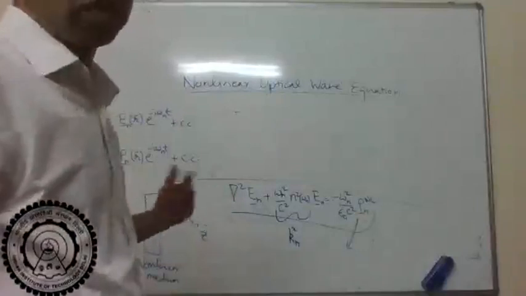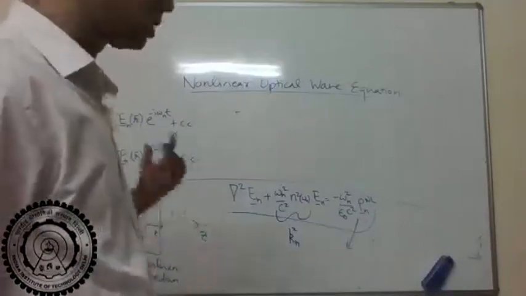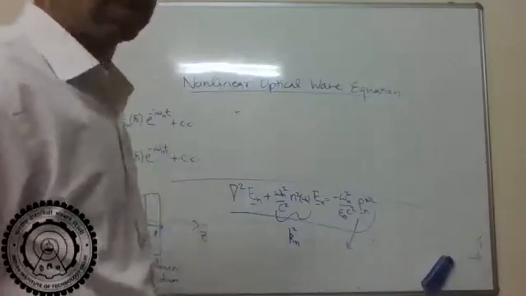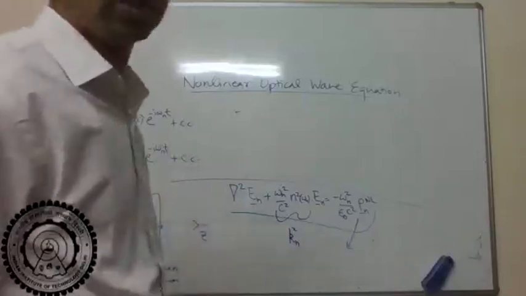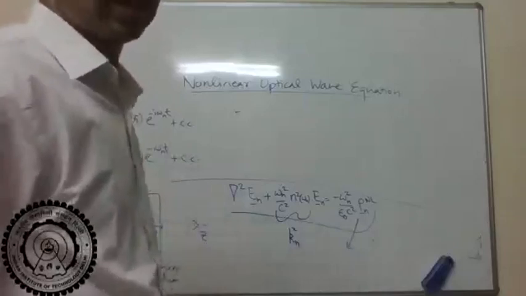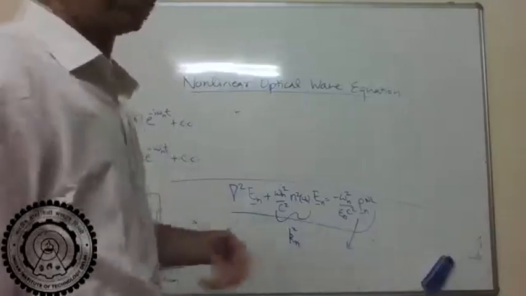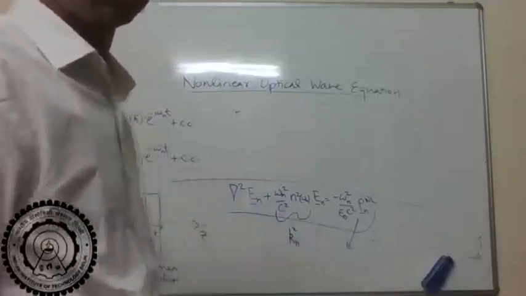It figures into something called phase matching. For the nonlinear process to be efficient, we require phase or momentum matching. It turns out that only certain transverse modes satisfy that condition, and most of the other modes don't, so they don't interact at all.